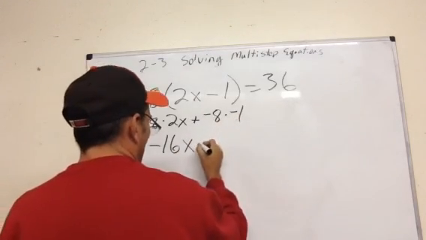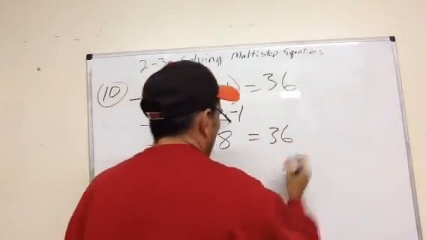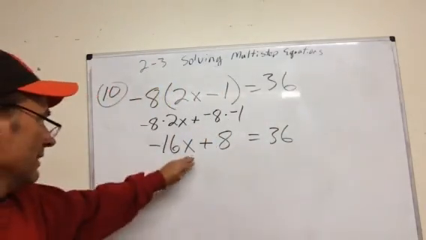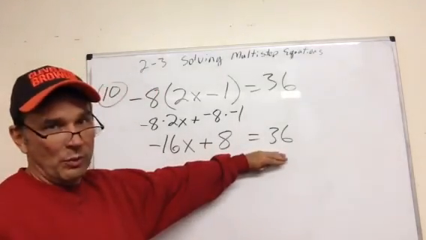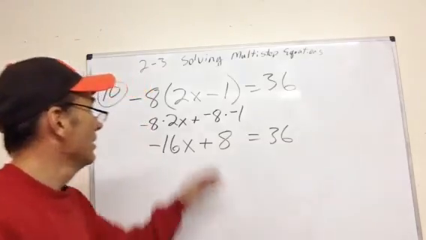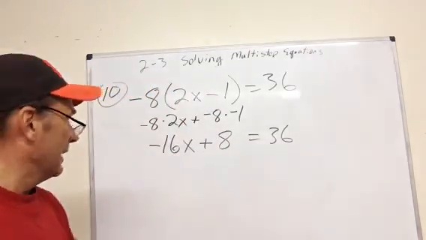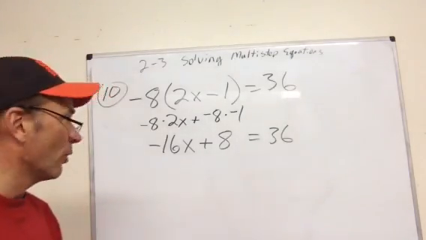Negative 8 times negative 1 is a positive 8. Equals 36. This problem is just like the ones we've been doing this past week, our two-step equations. So this was our first step. We distributed. Now we want to solve this like we did before.